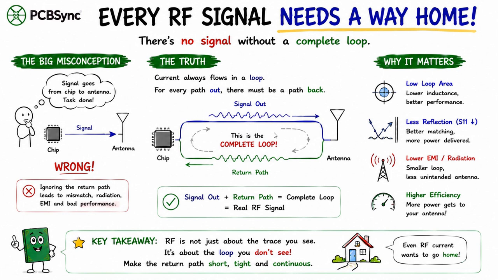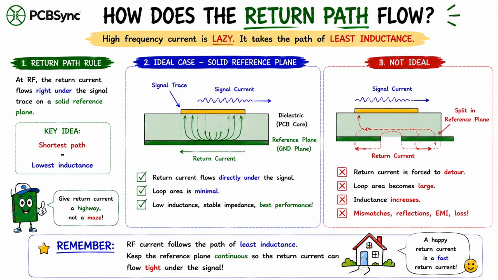The outgoing path is important, but the return path is just as important, sometimes even more so, because you can see the outgoing path, but a lot of people never even think about the return path. So here's the question. How exactly does the return current flow? Can it just take any random ground line back?